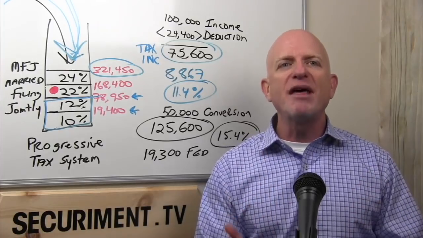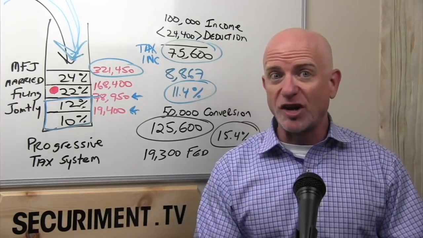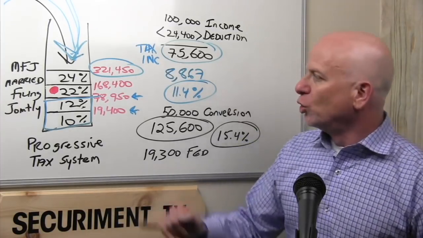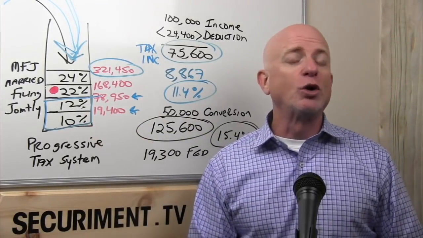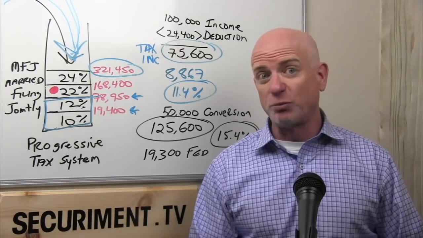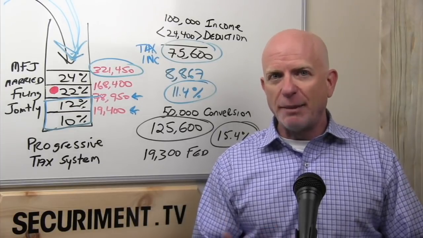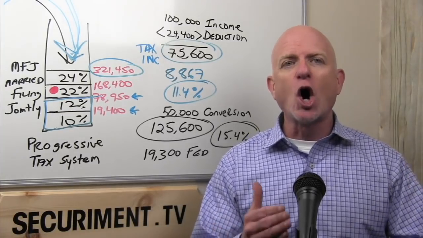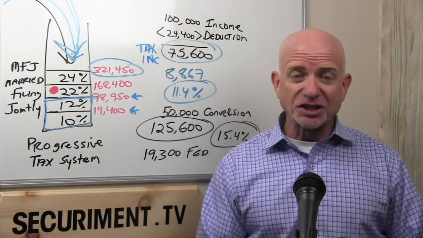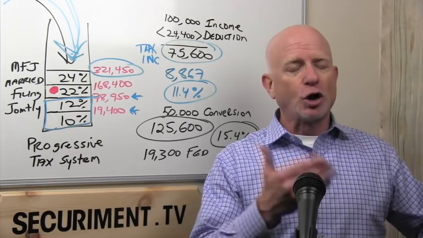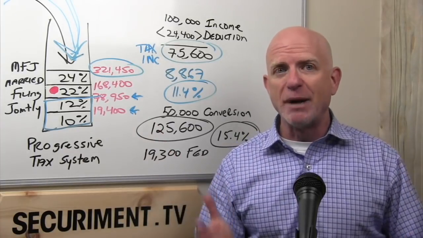A common myth in retirement is that you're going to be in a lower tax bracket, that you're going to stay lower because all of a sudden you're not working. What the research shows and what my personal experience shows is that people in retirement want to spend almost as much money as they spend while they're working. Plus, if they don't spend the money on cruises and what have you, they're going to spend it on medical.